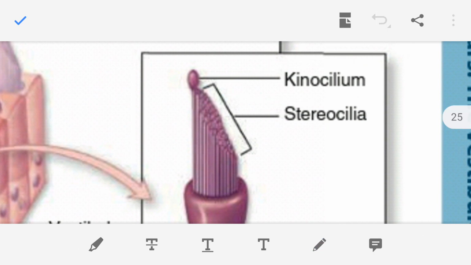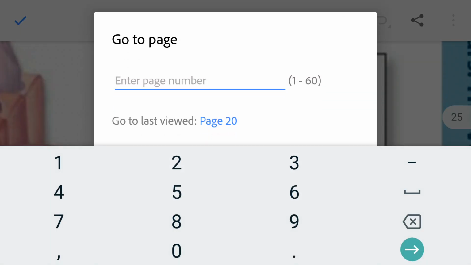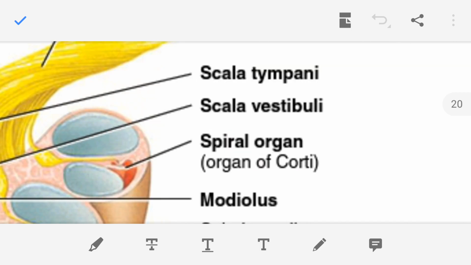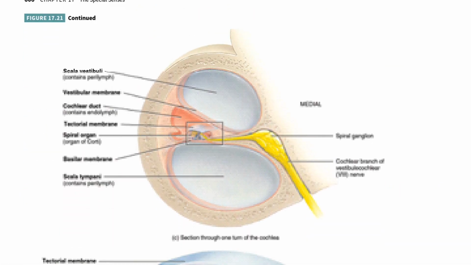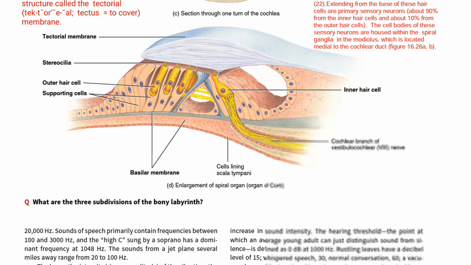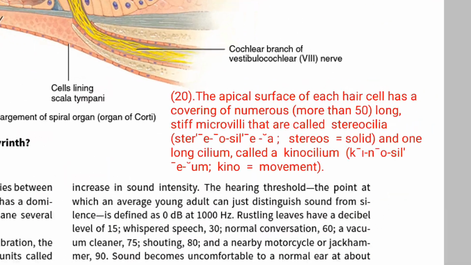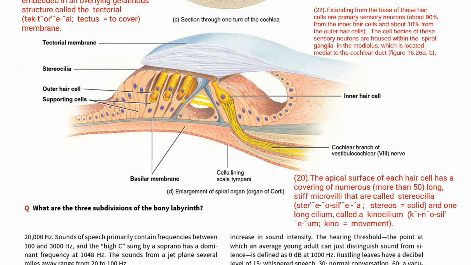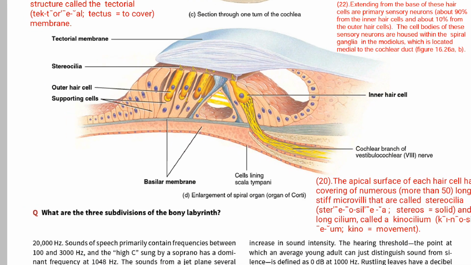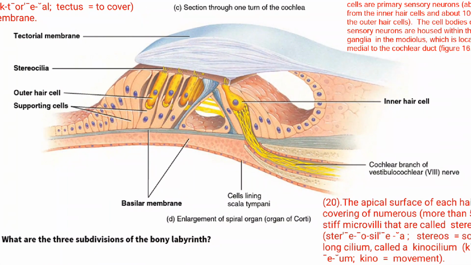Okay, so kinocilium and stereocilia. So once again, let me show you the theory point and the figure. This is point number 20. This is the figure, the enlargement of spiral organ of Corti.